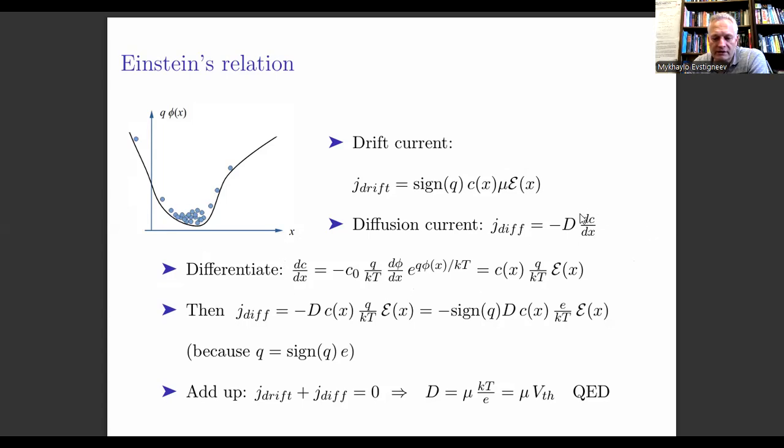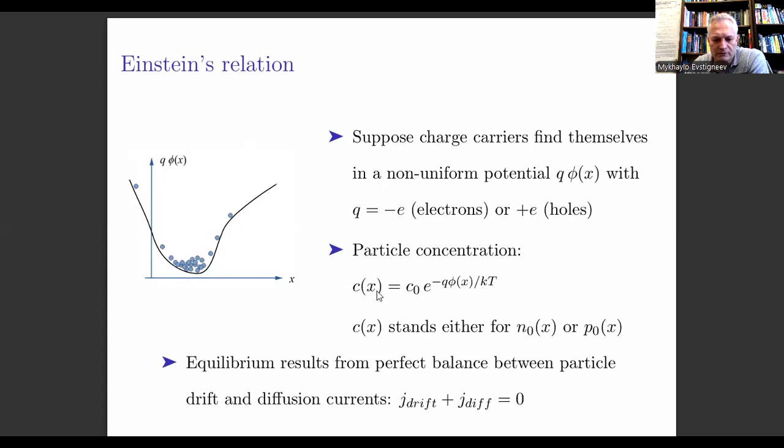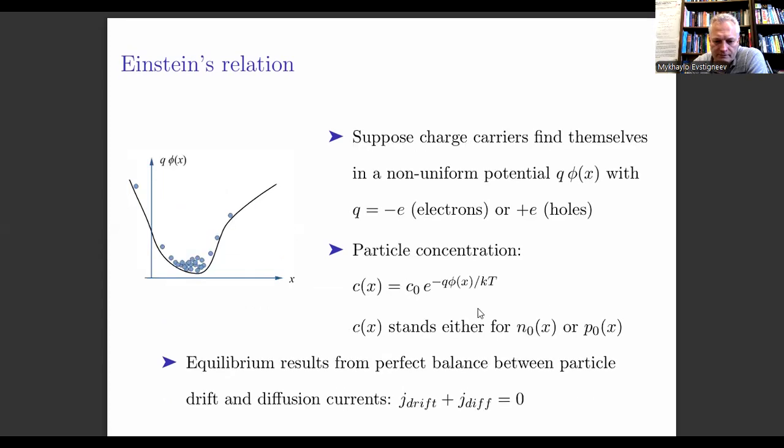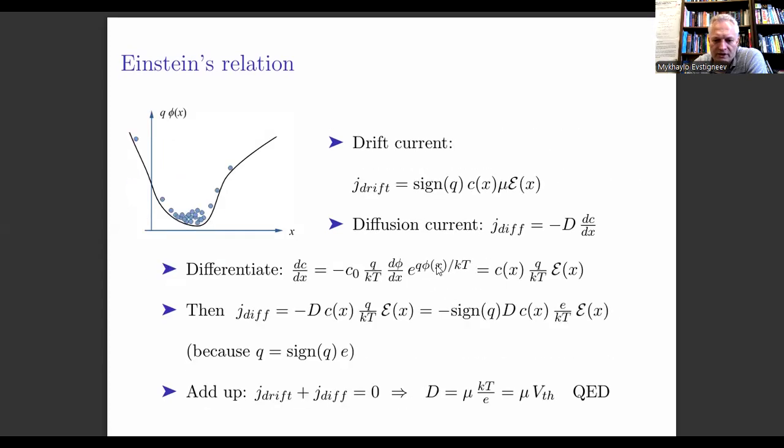Now, the concentration of charge carriers is given by Boltzmann's formula. It is proportional to the exponential of negative q phi of x over kT. So I take the derivative of the exponential of negative q phi over kT. Okay, so the derivative of the exponential of negative q phi over kT with respect to x is negative q over kT d phi by dx, times this exponential.